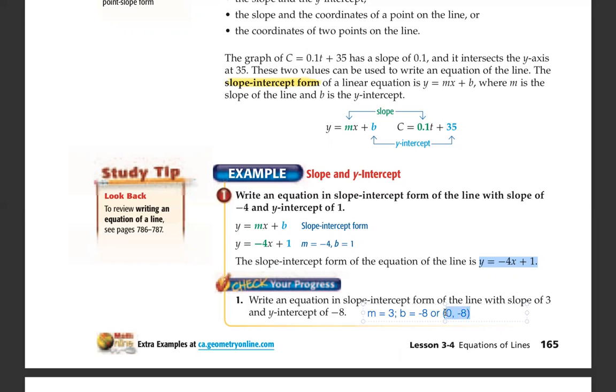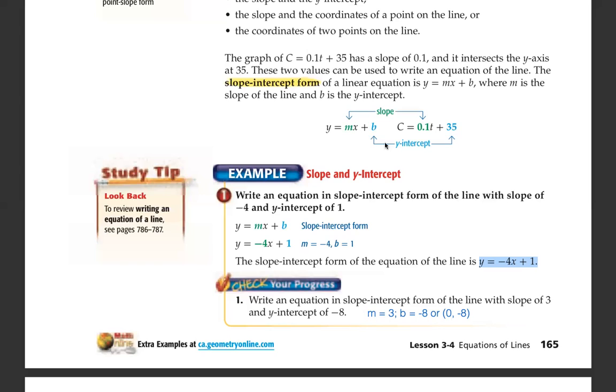If you're given an ordered pair where the first coordinate is 0, then automatically the second coordinate, the y-coordinate of that ordered pair, is considered to be the y-intercept. Again, if and only if the first coordinate, your x-coordinate, is 0, then the y-intercept is the y-coordinate, which is -8.